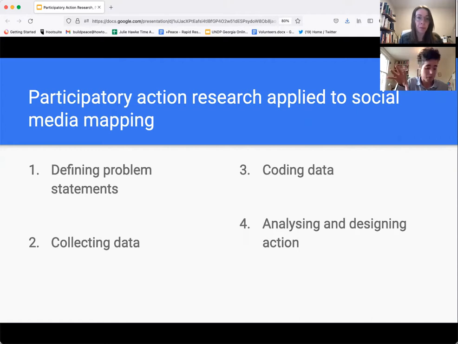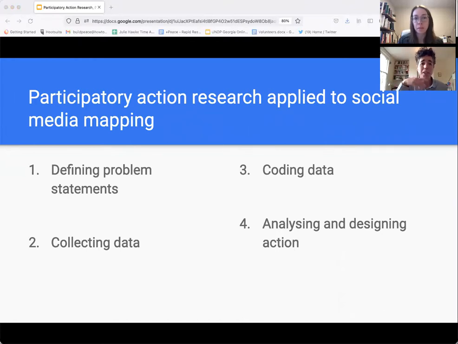And these problem statements are essentially around a research question, a thematic area, a set of research questions, a country or countries, and the social media platforms that will be explored. Then to collect data from some combination of Facebook, Twitter, or YouTube, and that was decided by the participants, to then code the data by topic, actor, and sentiment, and then finally to analyze it and design action based on that analysis.